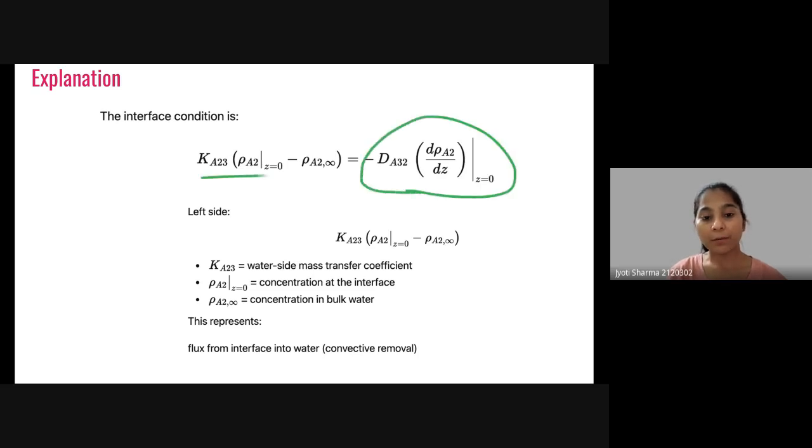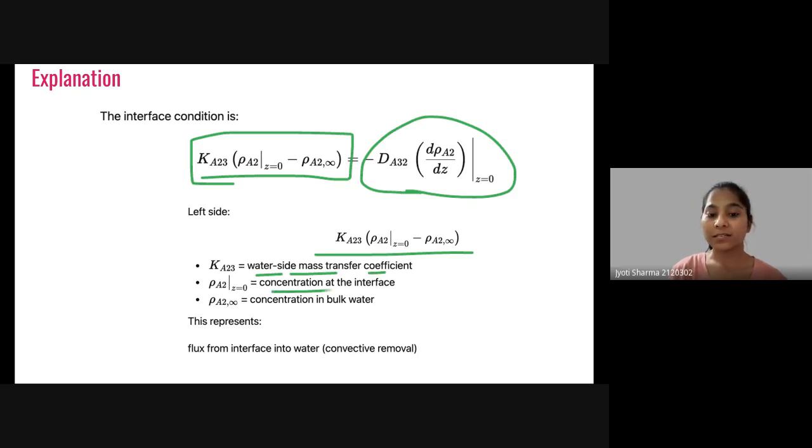If we are talking about the left hand side, K is your water side mass transfer coefficient. Rho A2 at Z equal to 0 is the concentration at the interface. Rho A2 infinity is the concentration in the bulk water. And this represents the flux from the interface to water.